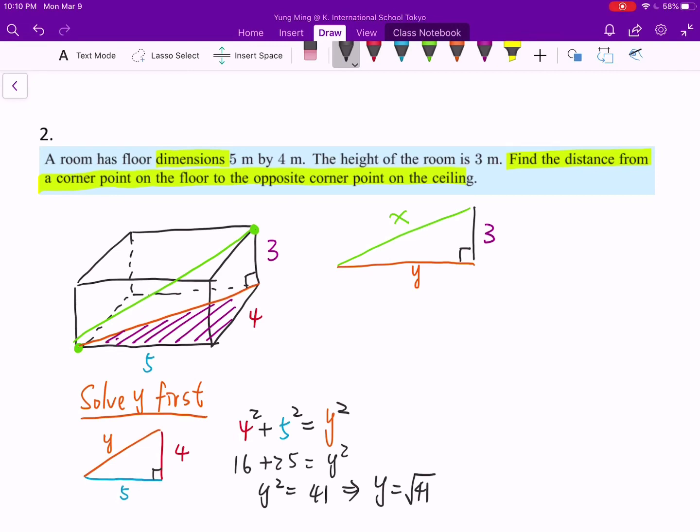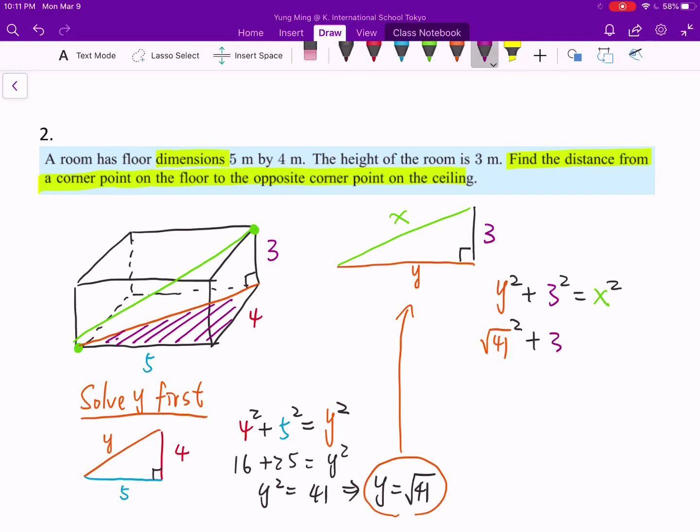We can substitute this into here. So again, we're going to have a new Pythagoras equation over here. We will have Y squared plus 3 squared equals X squared. Our Y is equal to square root 41. And then we're going to square that plus 3 squared, which is 9. But let's just write 3 squared for now.